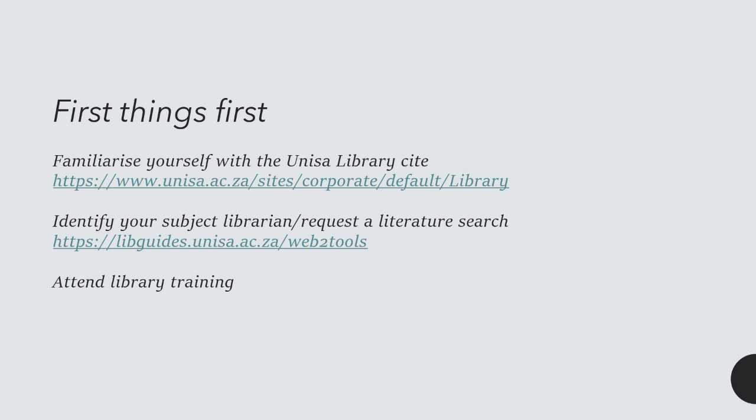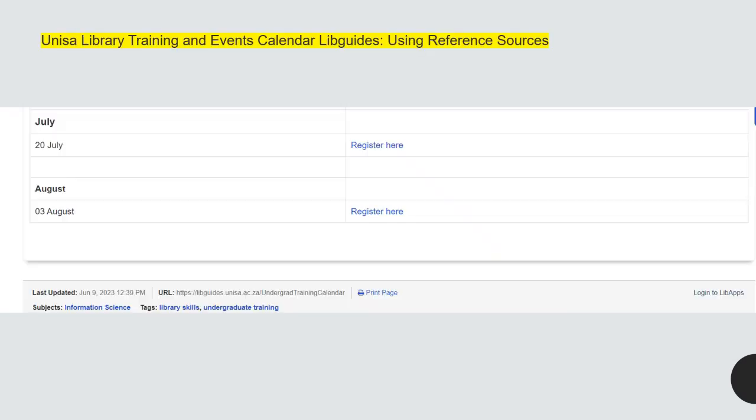Then, very important, attending library training. Please have a look at the My UNISA website. There is so much training going on, and please don't skip the UNISA library training. The events and calendar is on the website, and you just register when the advertisement comes out, or you can have a look at their calendar and press a button to register.